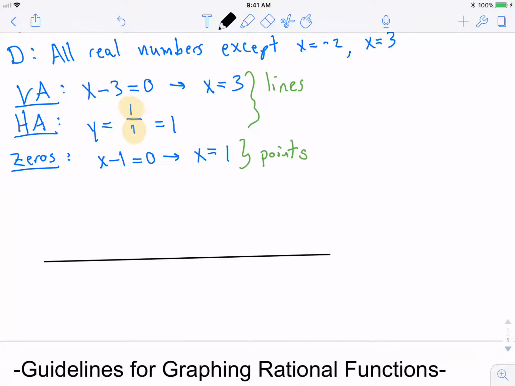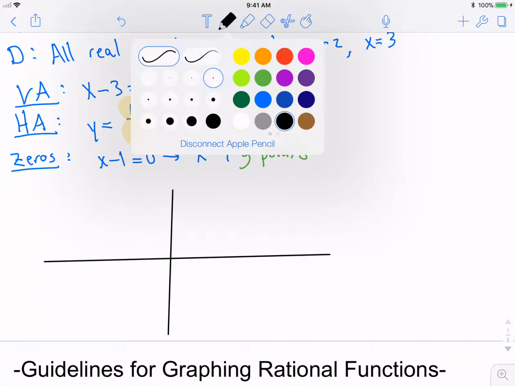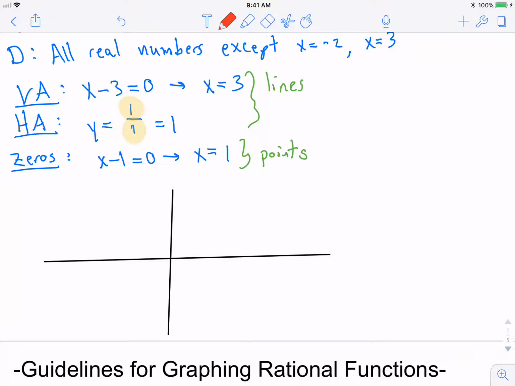Here's our x-axis. Here's our y-axis. We have a vertical asymptote at x equals 3. So let's draw our brick wall in. We have our horizontal asymptote at y equals 1.